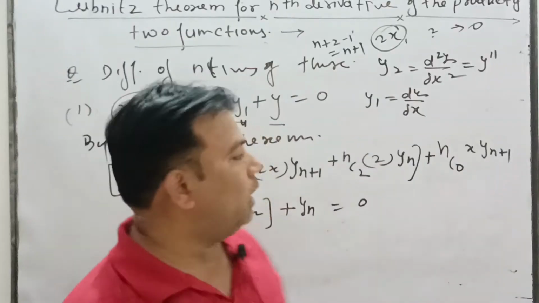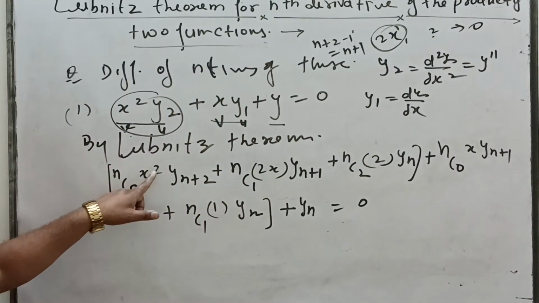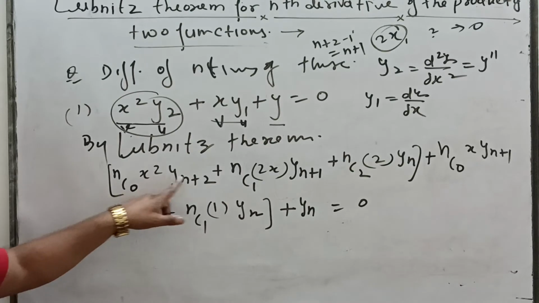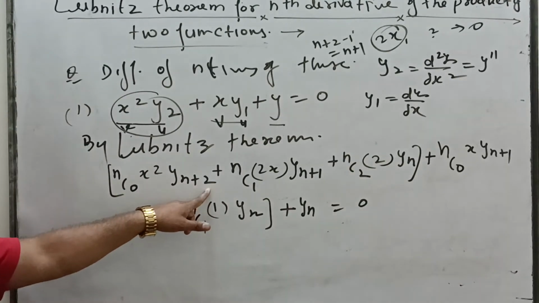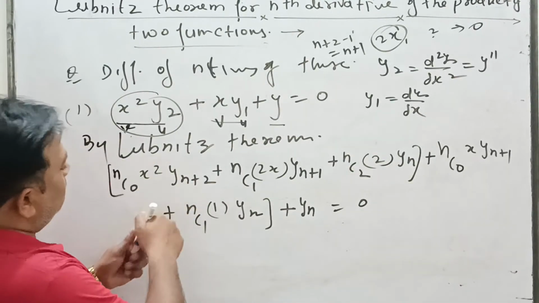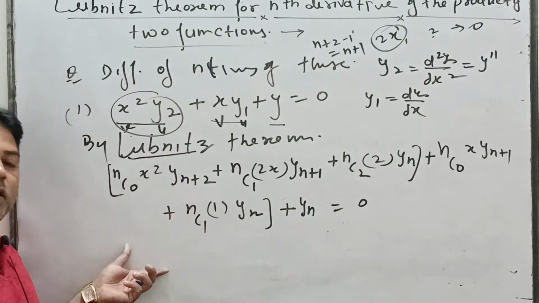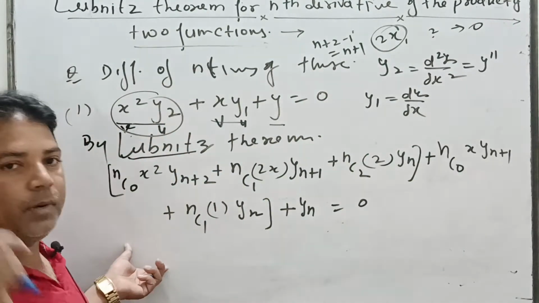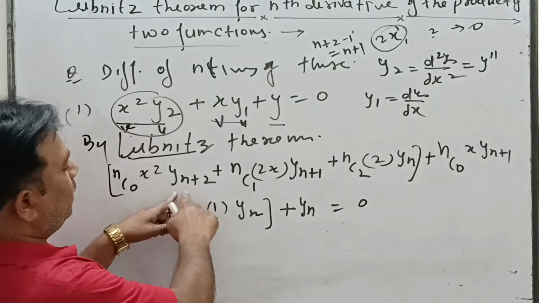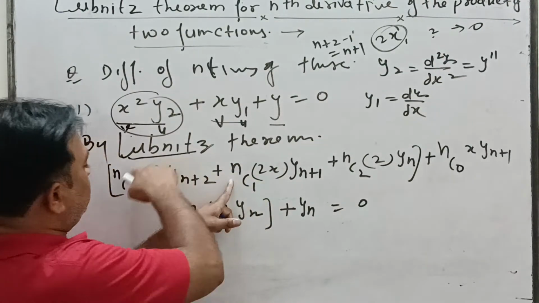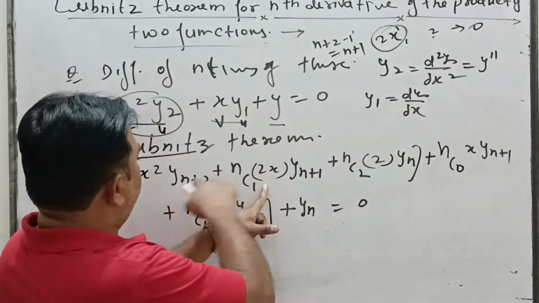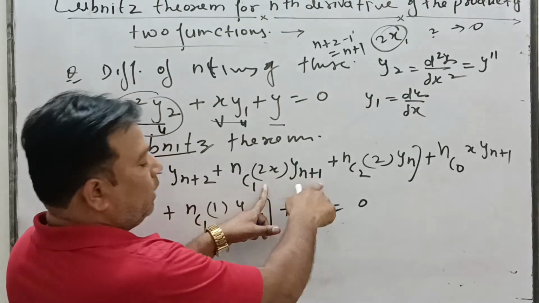Similar process by the Leibniz theorem: nC0 x square, v differentiated n plus 2 times, because Leibniz is also used to find the nth differentiation, and 2 times is already done, so the total differentiation is n plus 2 times. Then nC1, differentiation of x square is 2x, times y n plus 1.